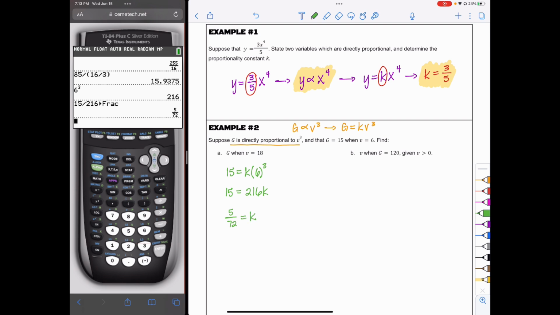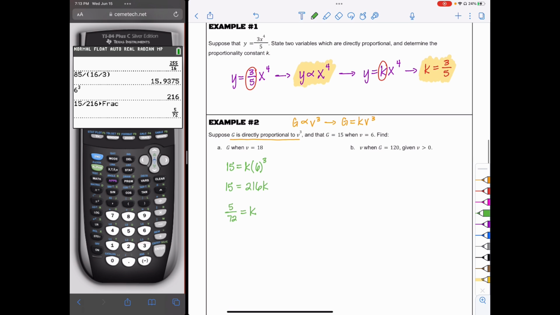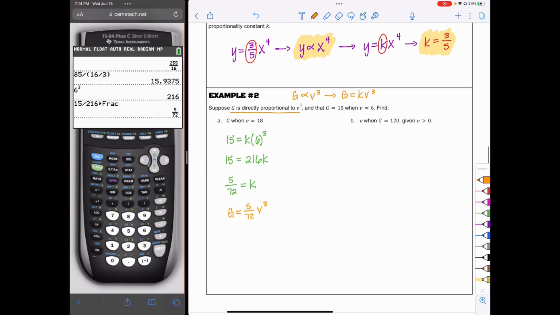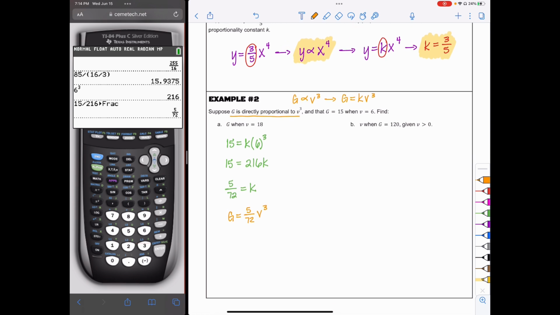Since that is my constant of proportionality, I can actually write my equation. My equation should be G is equal to 5 over 72 times V cubed. So now that I have my K value, I can use the equation to find other values. Now when V is equal to 18, I can just substitute in.